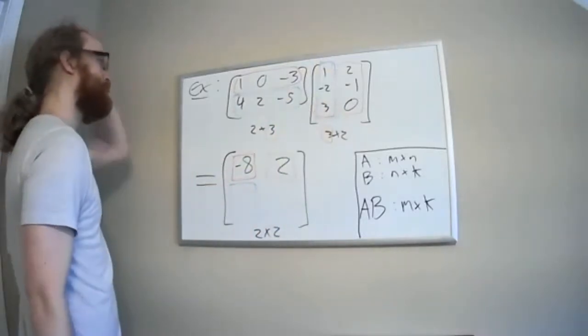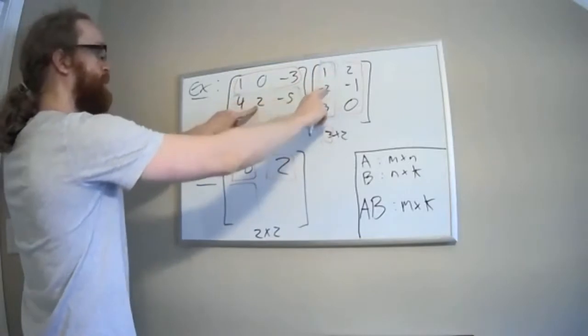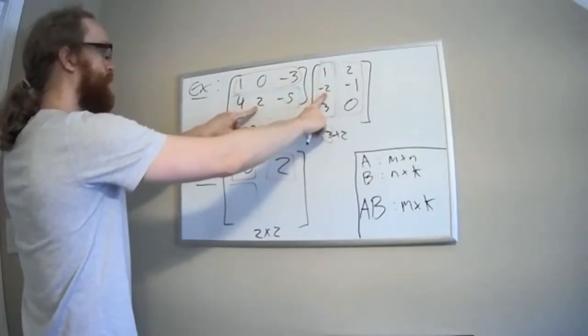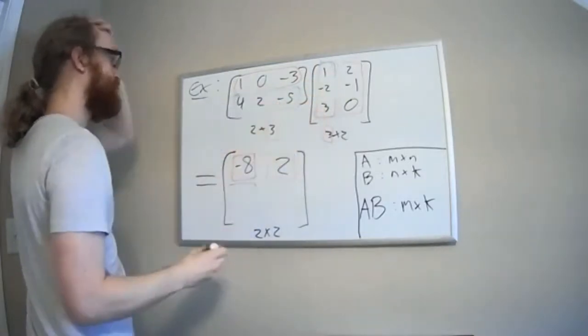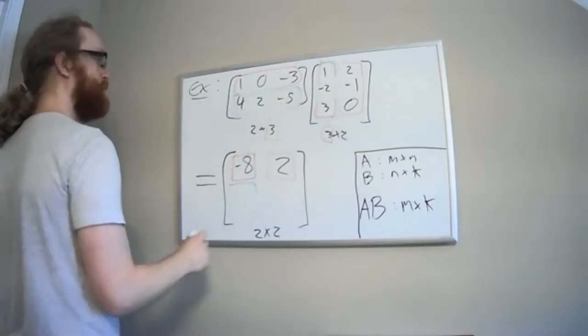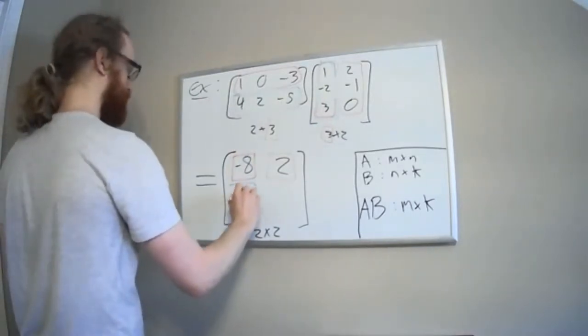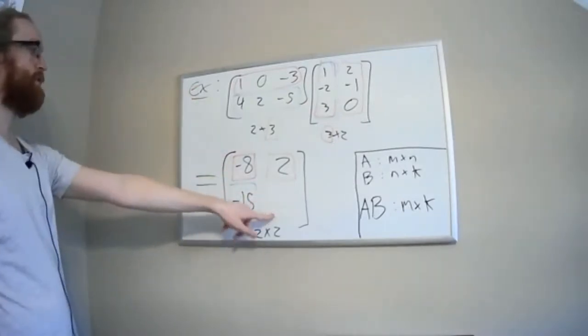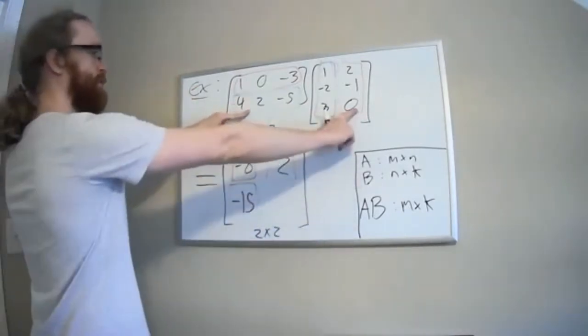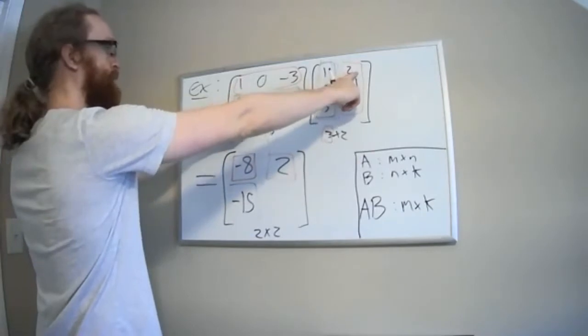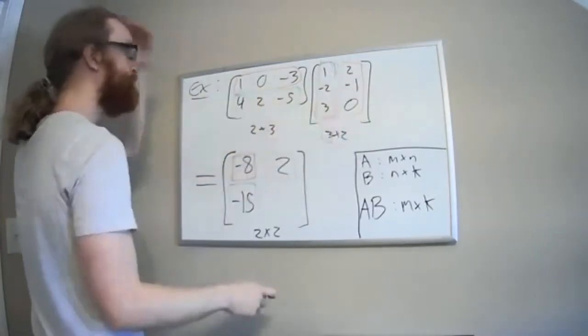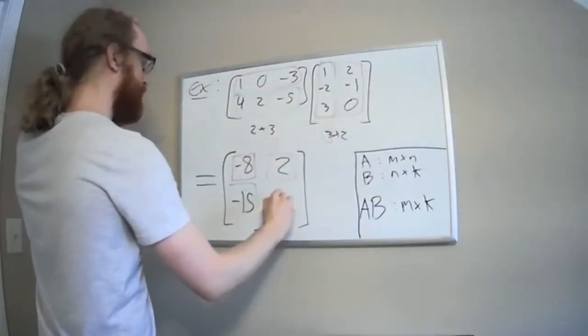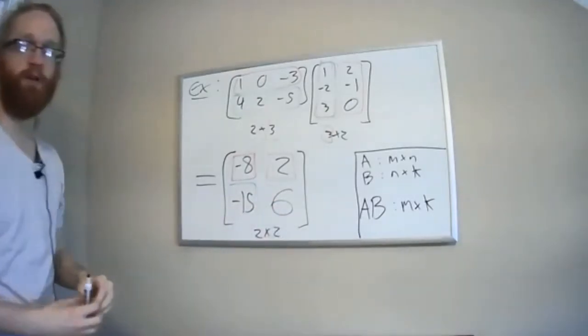So 4 times 1 is 4, -2 times 2 is -4, and -5 times 3 is -15. So if I add those up, I should just get -15. And then lastly, second row, second column says take the second row times the second column. I get 8 minus 2 plus 0, so that's going to be 6. So here's my new matrix.